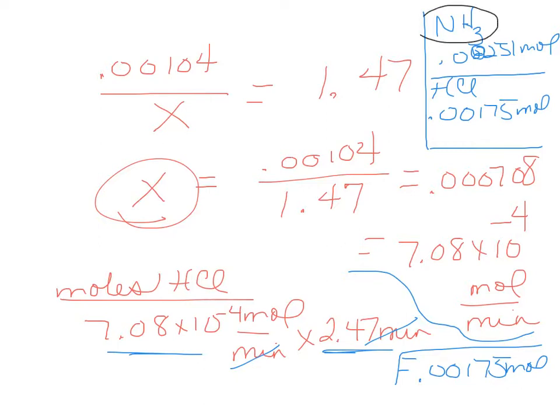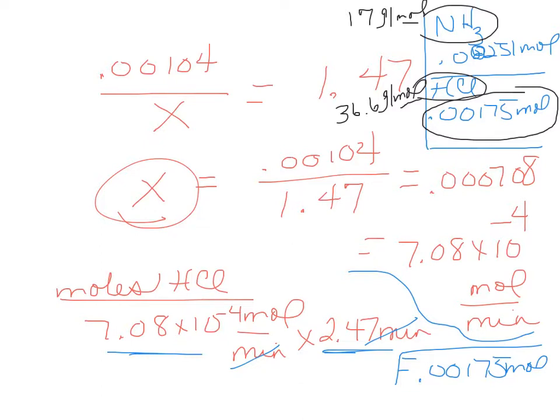Which of these two do you expect to effuse faster? Well, ammonia had a molar mass of around 17 grams per mole. HCl has a molar mass of around 36.6 grams per mole, much larger. You would expect it to be slower, therefore you would expect less of this gas to effuse, which is in fact what happened. So it looks like our answer makes sense.